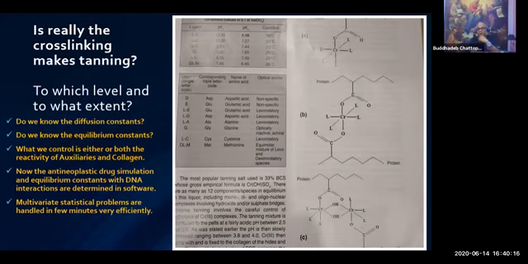And what we control now is only the reactivity of collagen or the reactivity of the auxiliary, or sometimes both, in order to ensure that there is penetration and that the reactions are controlled side by side.